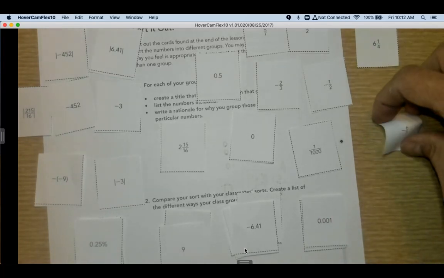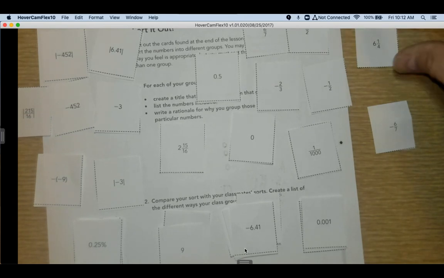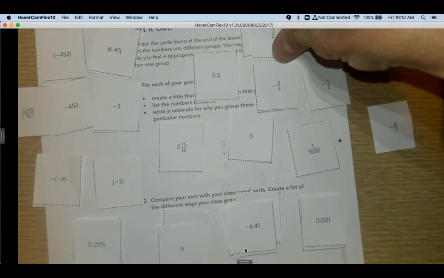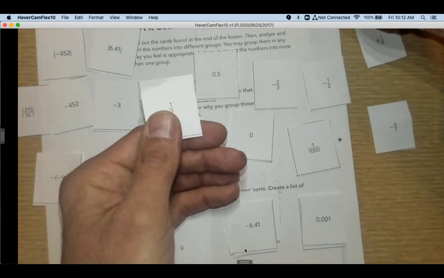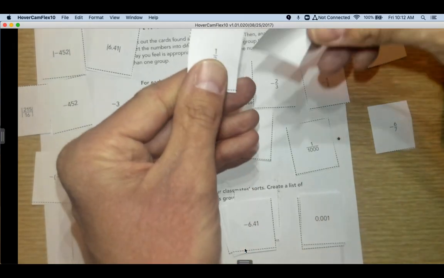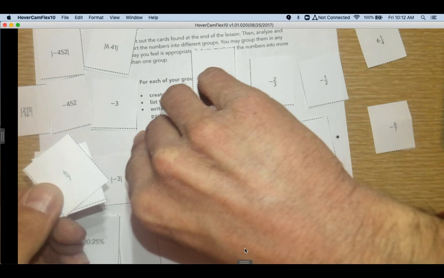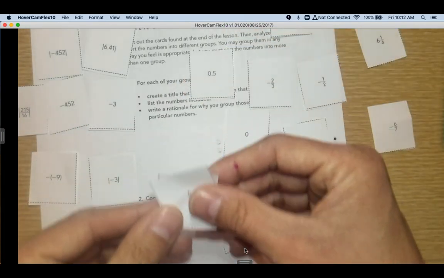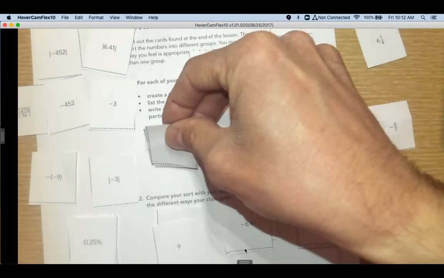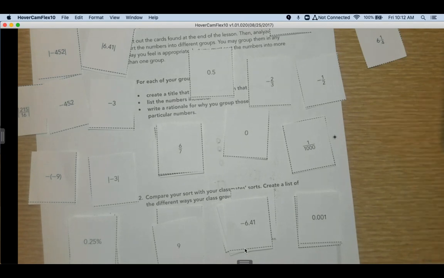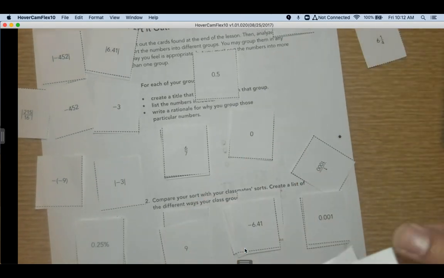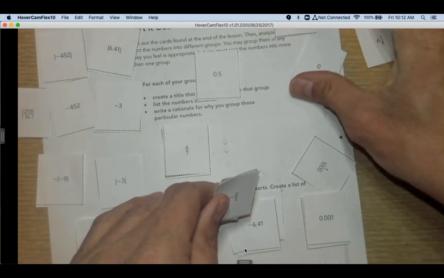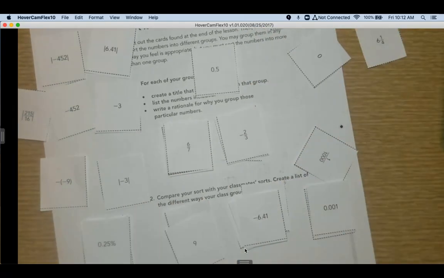I have 1/2 and I have 6/7, and so those are positive fractions. I have negative 6/7, negative 1/2, negative 2/3. So I'll put those together since those are negative fractions.